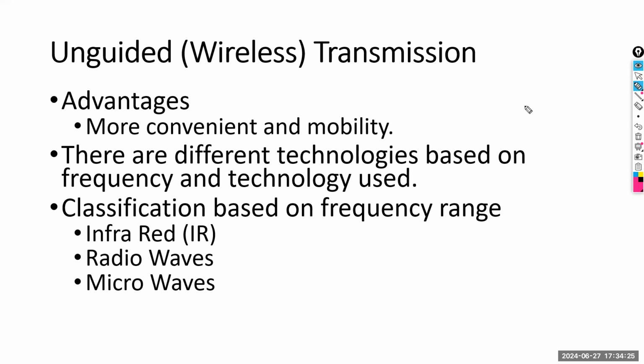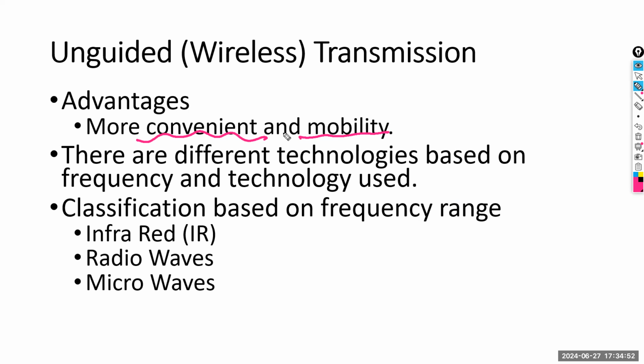So obviously the biggest advantage is that it's more convenient because there are no physical things. Installation must be easier because there are no wires. It must be good for the people, and also gives mobility. We can send very long distances.